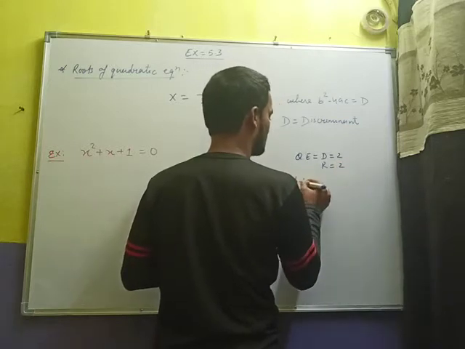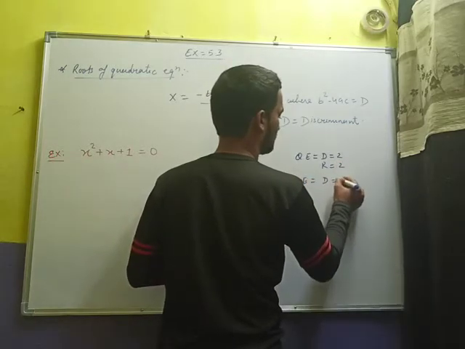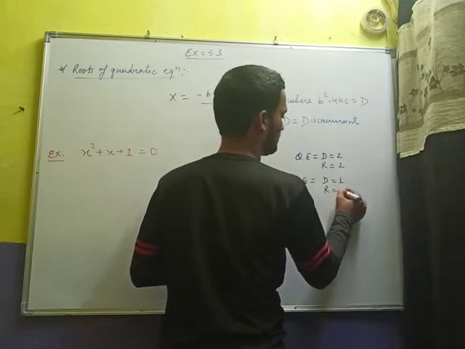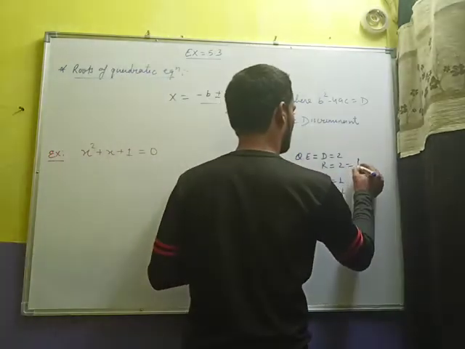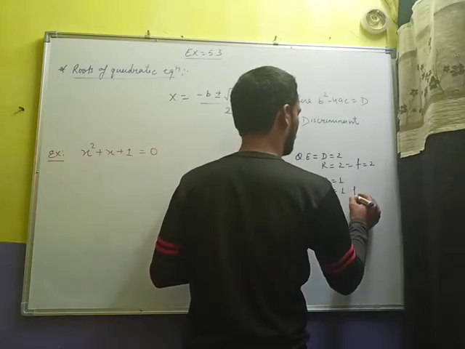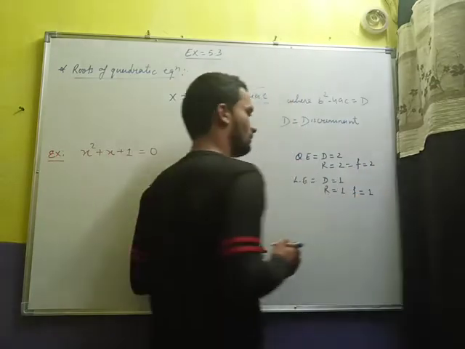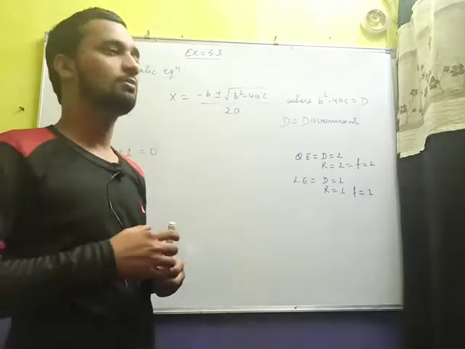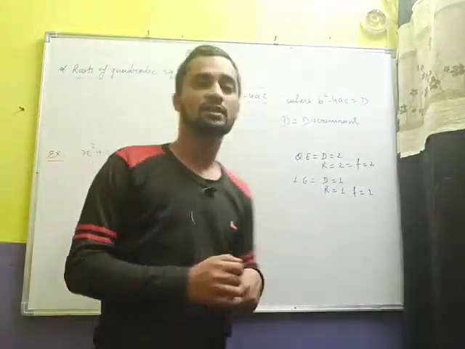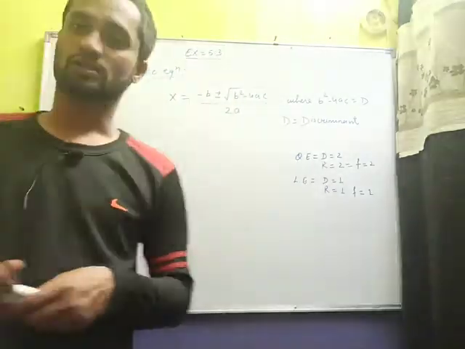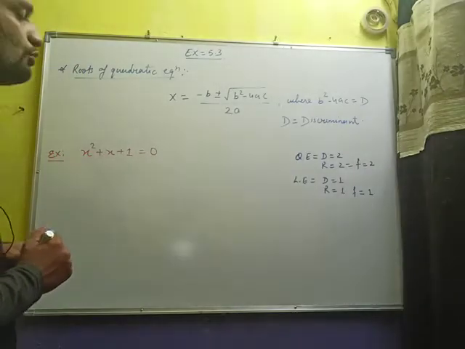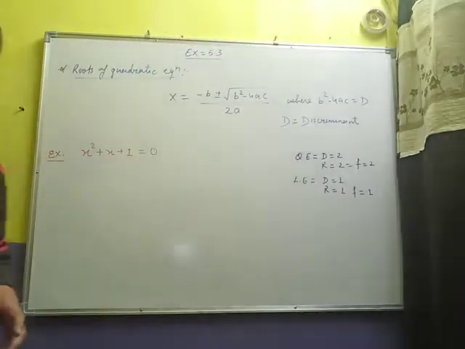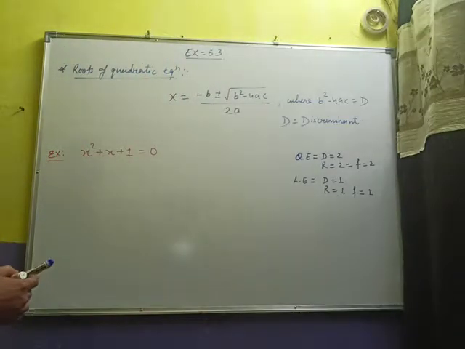If linear equation, degree will be 1, then root will also be 1. Or you can say the factors also: number of roots is equal to number of factors in any polynomial. So here it is a quadratic polynomial, it means there will be two roots of this particular example. So let us see how to solve this question.